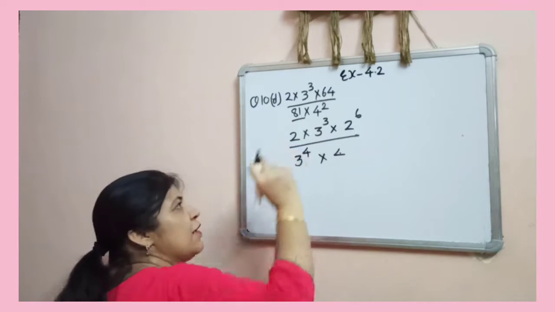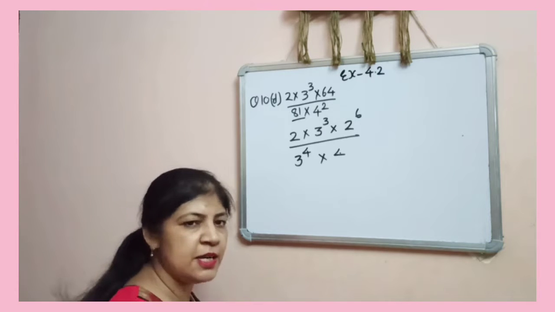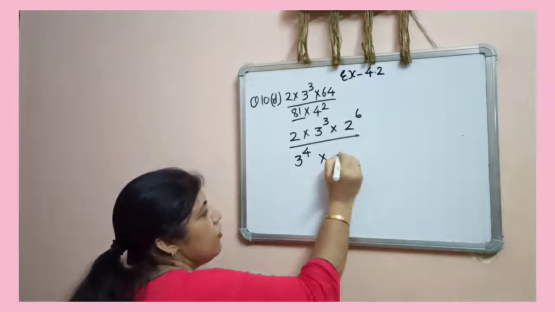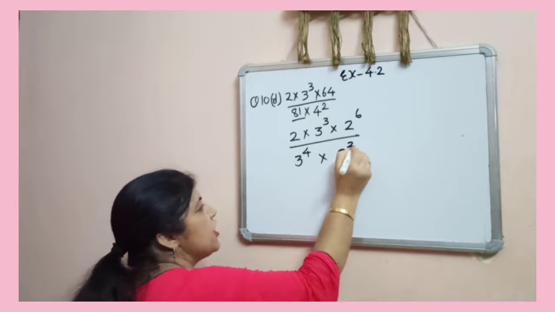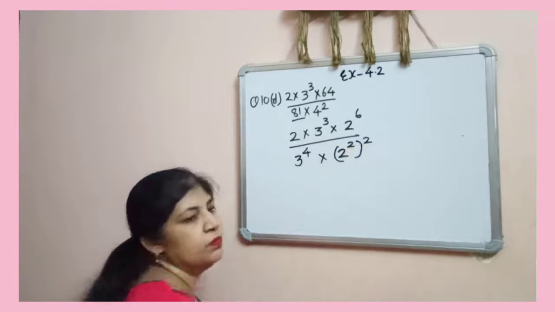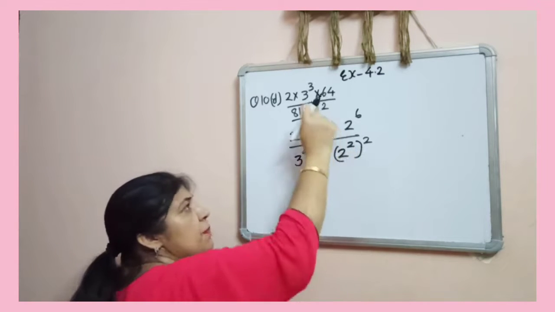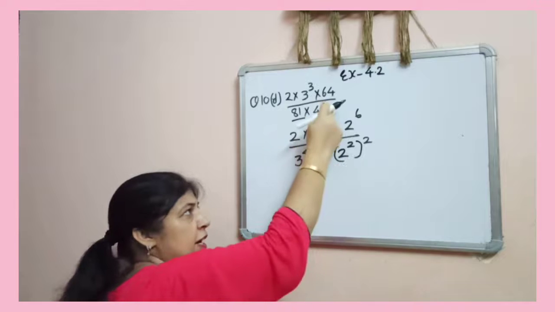So we can make 4 also in the form of a prime factor base. So you can write 4 as 2 raised to the power 2, and raised to the power 2 is already given.